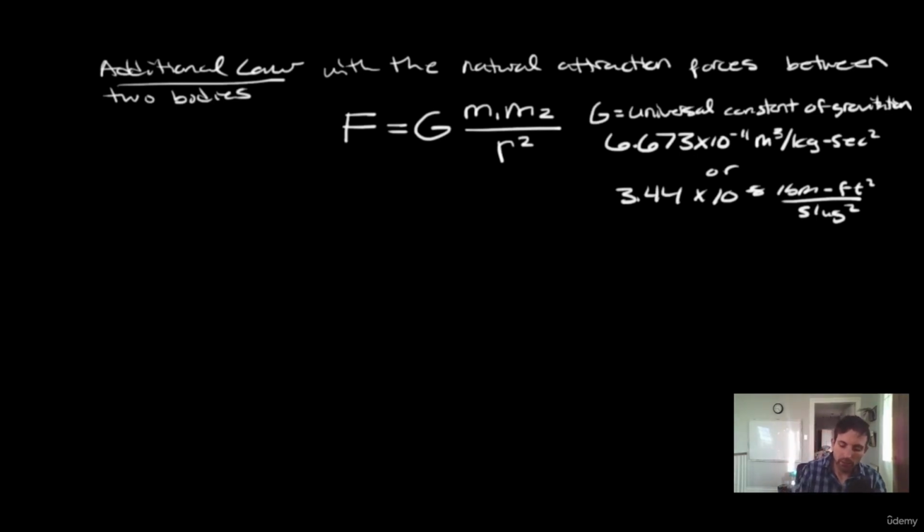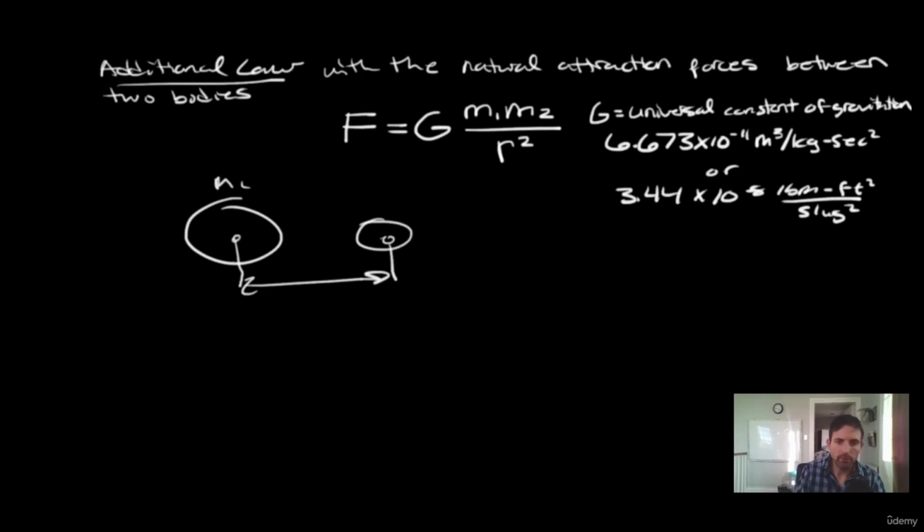The way this works is if you have this really big object and this other really big object, there's a radial distance between their centers, and then there is this mass, and this mass, and this gravitational constant. With those knowns, you can determine the force of attraction between the two.